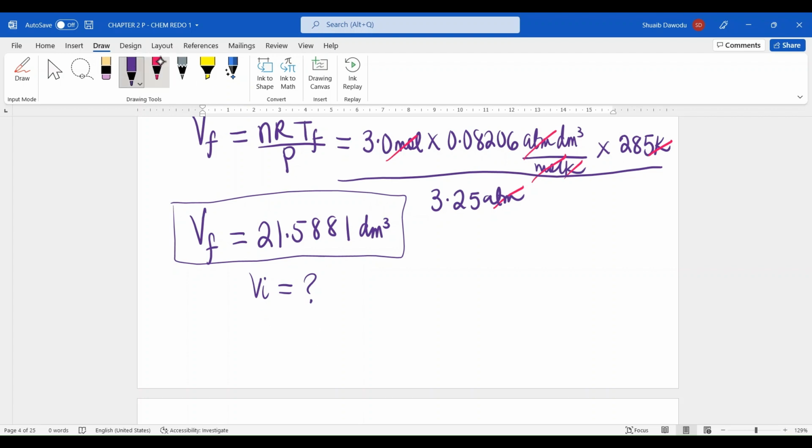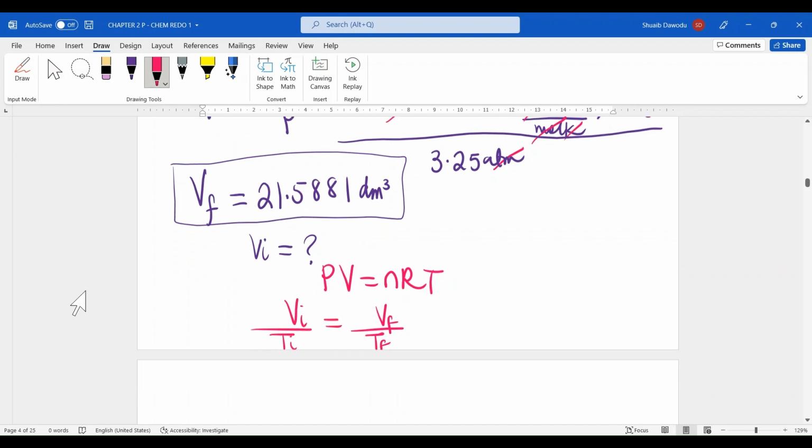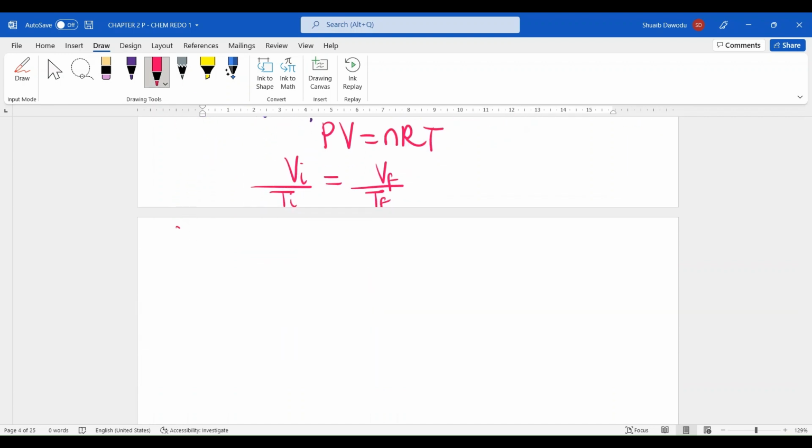We know PV equals nRT, but we also know that PiVi over Ti equals PfVf over Tf. But we have our pressure constant, so we're going to remove pressure from this. So what we end up with is Vi over Ti is equal to Vf divided by Tf. So V initial divided by T initial is equal to V final divided by T final.